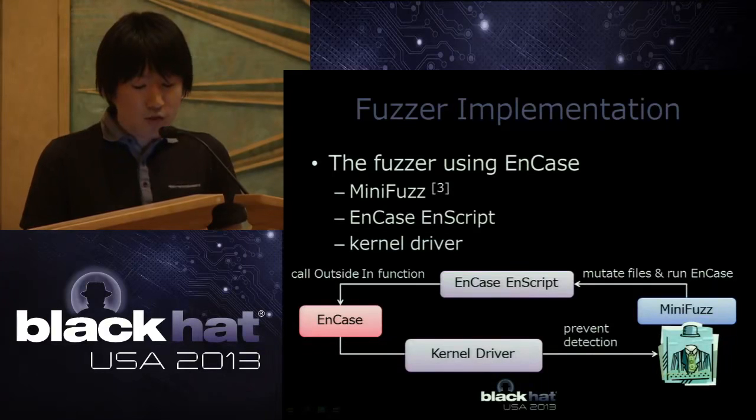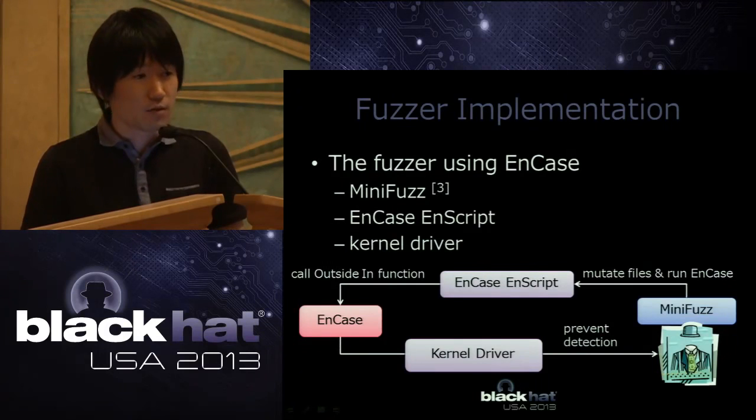By the way, EnCase usually detects MiniFuzz and terminates it immediately, because MiniFuzz debugs EnCase to monitor exceptions and register values at that time. So I wrote a kernel driver to prevent detection.